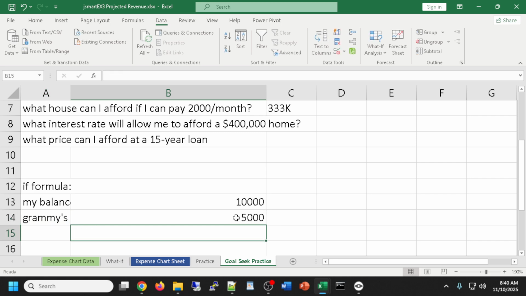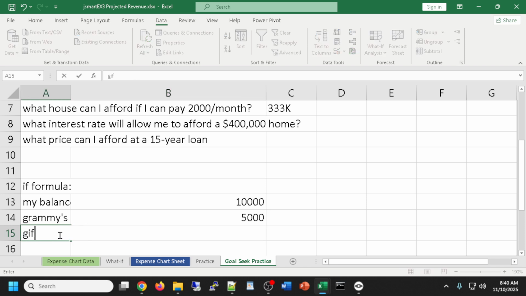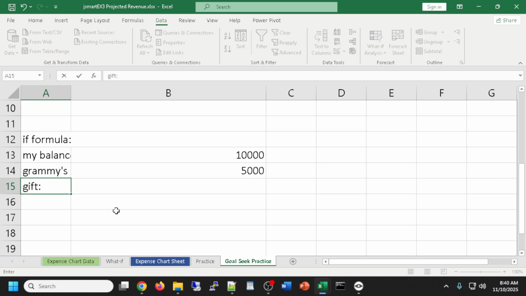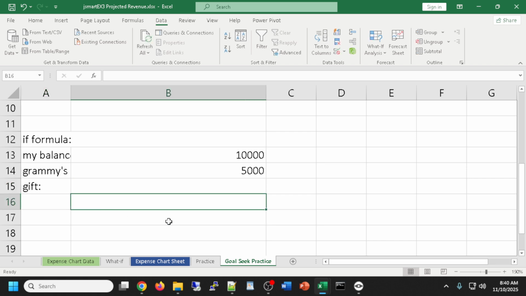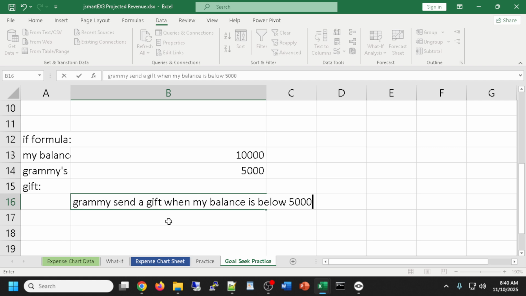She's rich grandma. Here is the statement you'll be given. Grammy sends a gift when my balance is below $5,000.